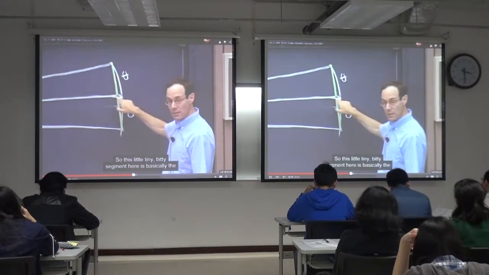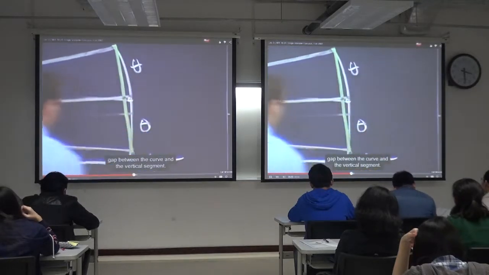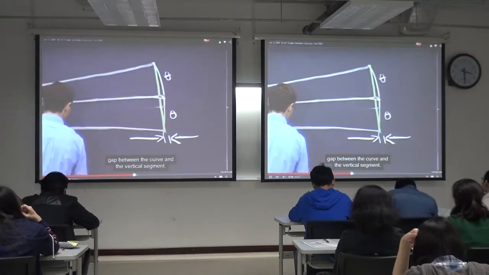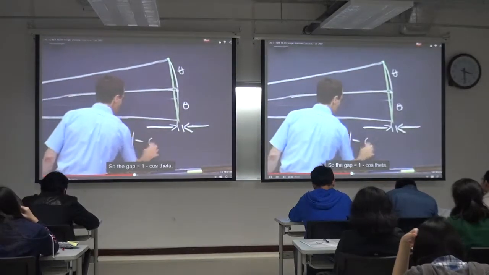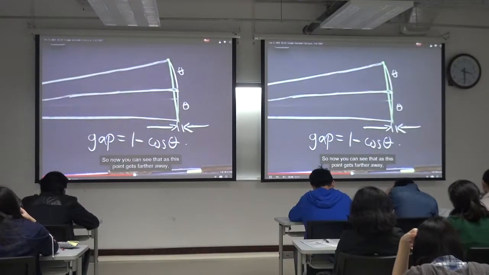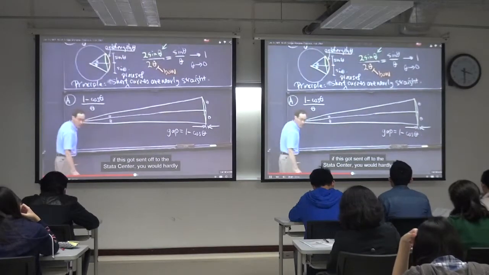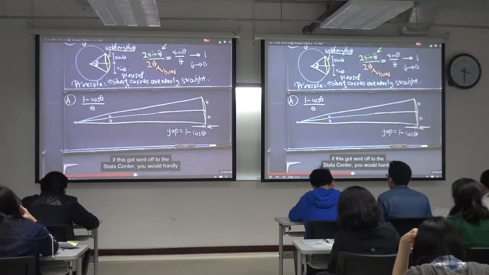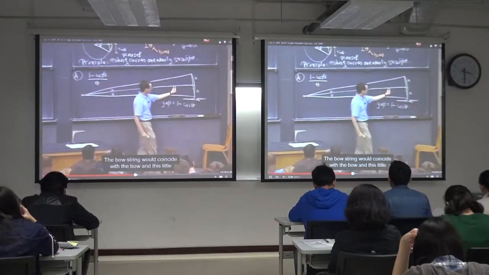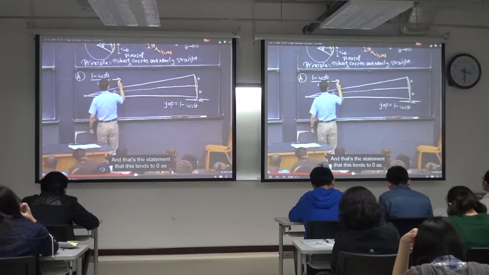So this tiny little segment, which is the gap between the curve and the vertical segment, is equal to 1 minus cosine theta. And as this point gets farther away, the bowstring would coincide with the bow, and this little gap between the bowstring and the bow would tend to 0. That's the key point: this tends to 0.